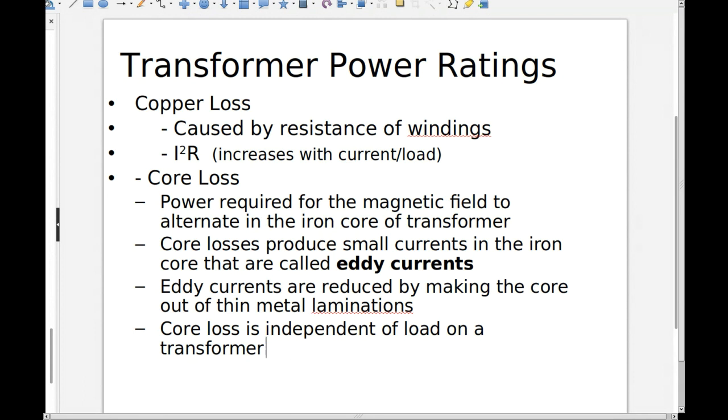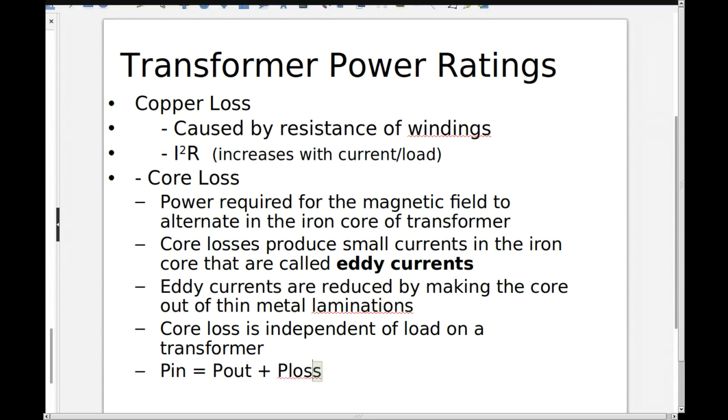The resistance in the winding is a loss, meaning that power out is not actually equal to power in. So in reality, power in is equal to the power out plus the power lost.